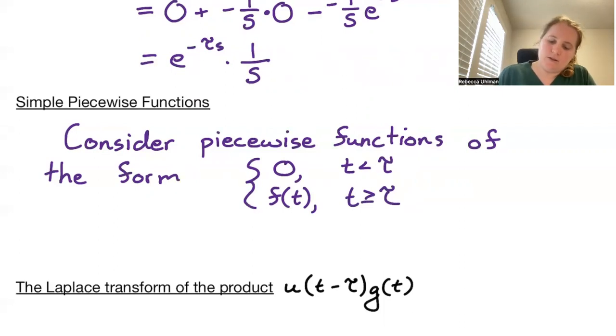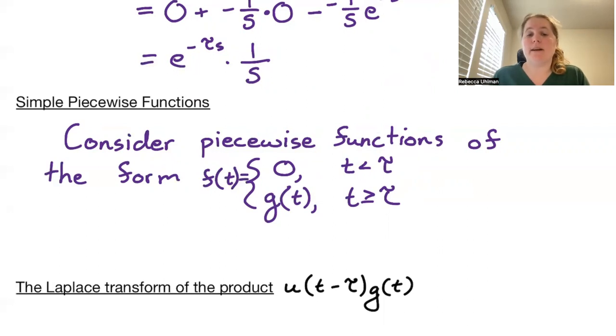Actually, let's make this g of t. The entire piecewise function will be f of t. So f of t is equal to 0 for t less than tau, and g of t for t greater than or equal to tau.